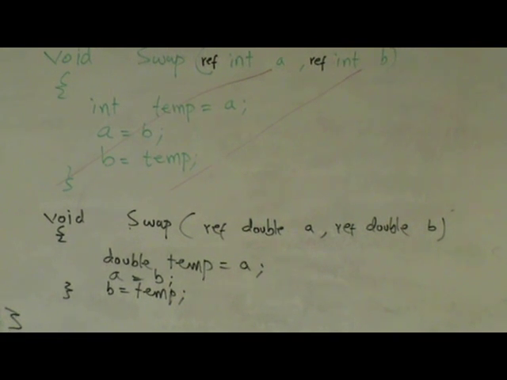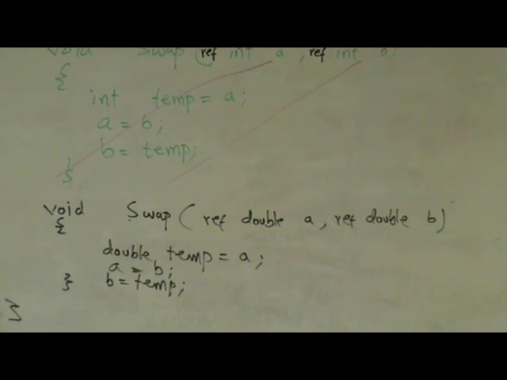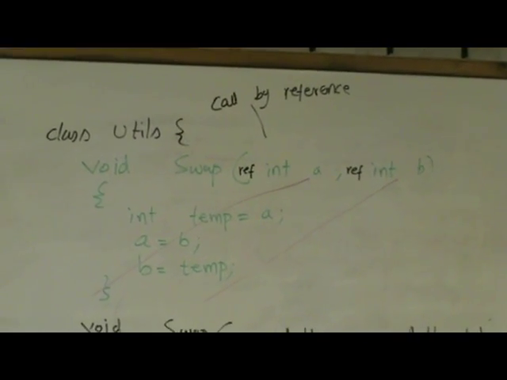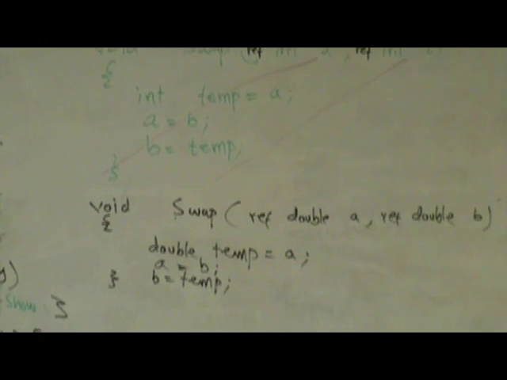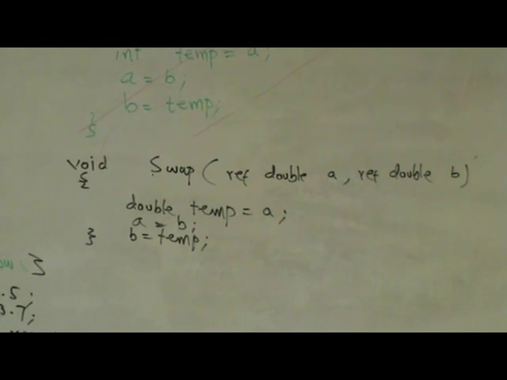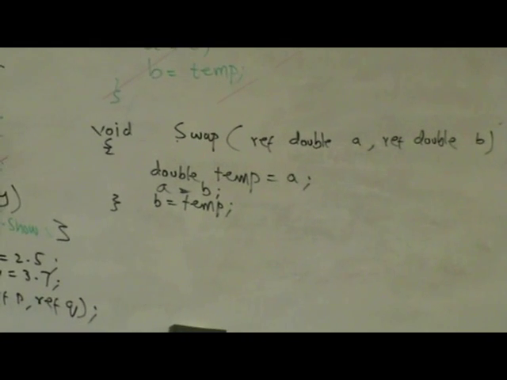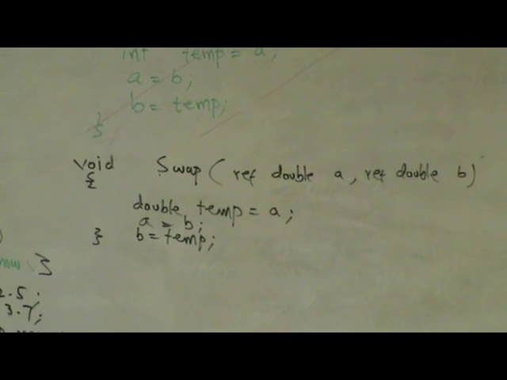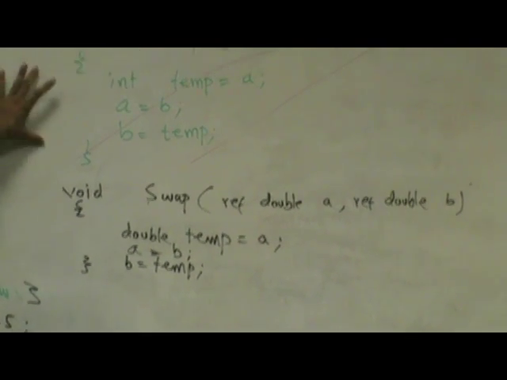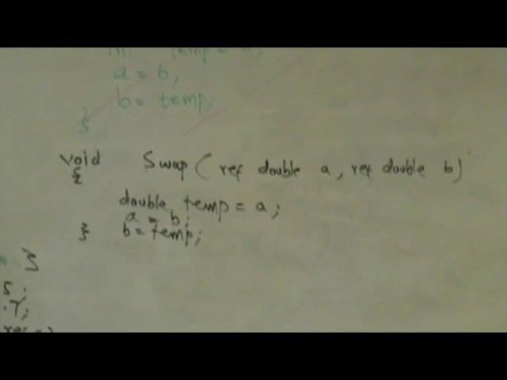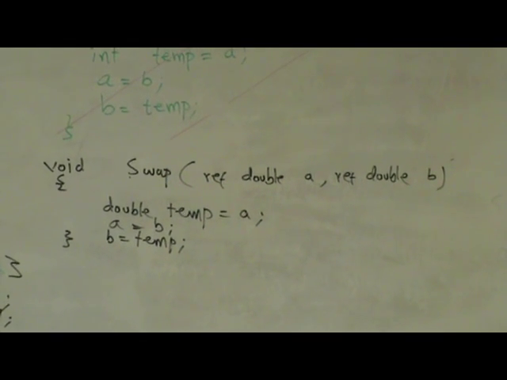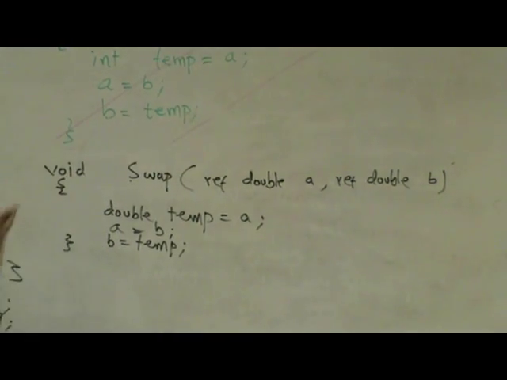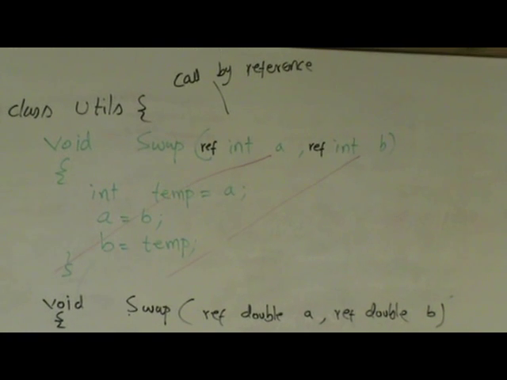Remember we have been discussing that the less code we write, the better: it's easier to maintain the application, the cost of development is less, and there is less chance of running into problems later. So rather than keep copying, pasting, and changing the data type, can we write one method where the data type is flexible, meaning the caller can decide whether it should be int or double or string?